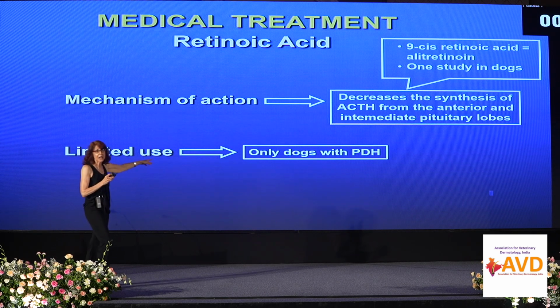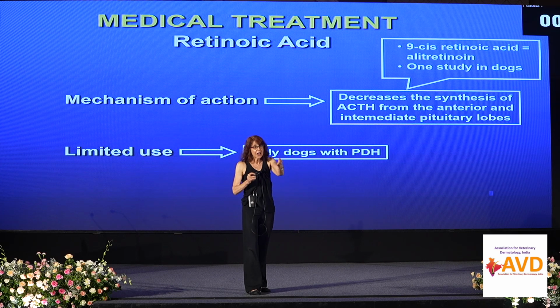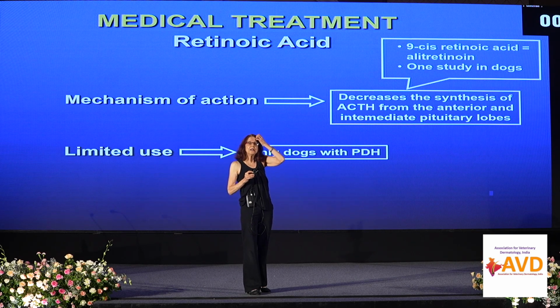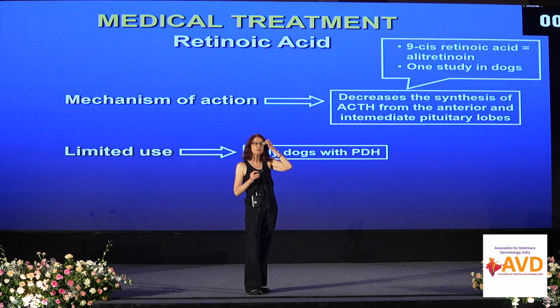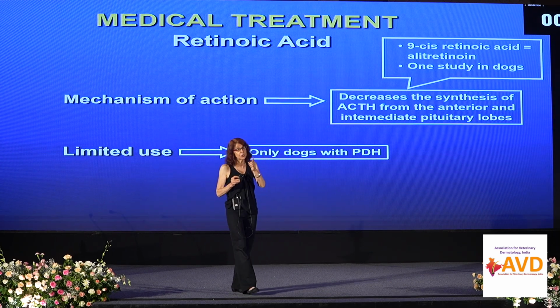Retinoic acid, I never use it to treat Cushing's disease, but Nagarajan told me that you guys use isotretinoin here. So I looked in the literature and I found one paper where they use retinoic acid in dogs, but they didn't use isotretinoin.